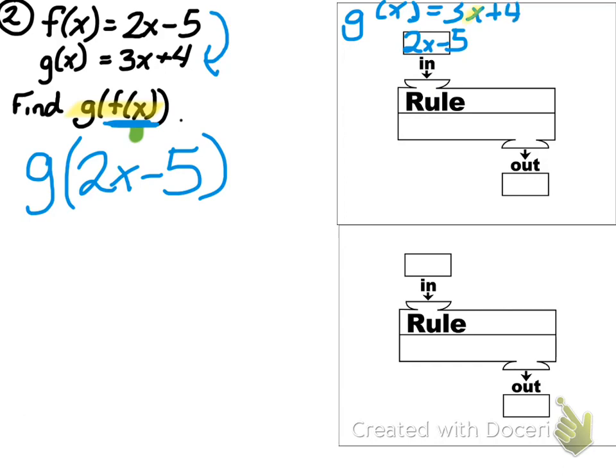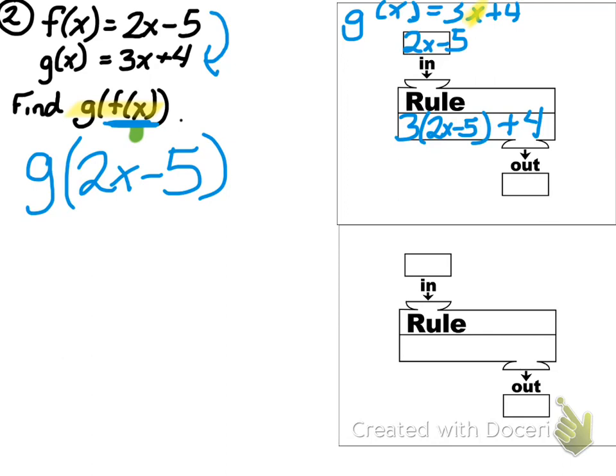This x is a placeholder. So we have 3 of something plus 4. In this case, that's 3 of our 2x minus 5.